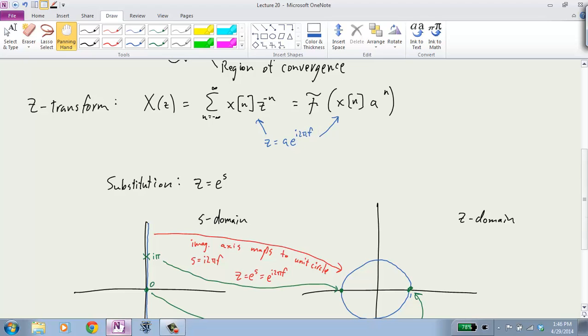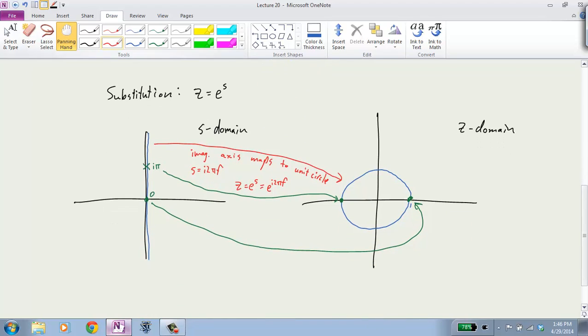Okay, so we did a three-dimensional graph of the Laplace transform last time to solidify our understanding that the values of the Laplace transform along the imaginary axis are the Fourier transform. Right? Here, in the z transform, the values of the z transform around this circle are the Fourier transform.